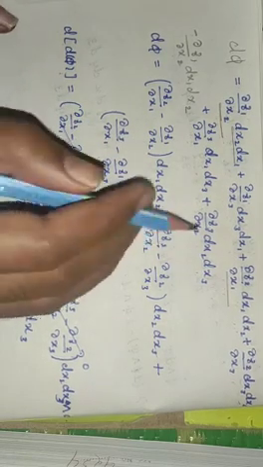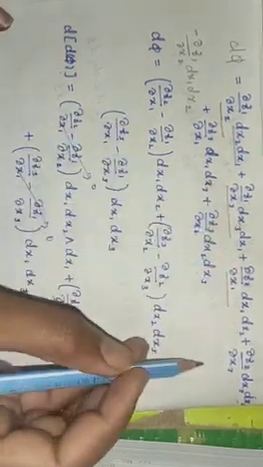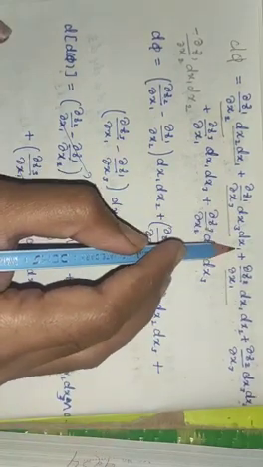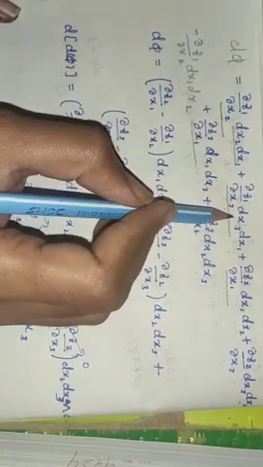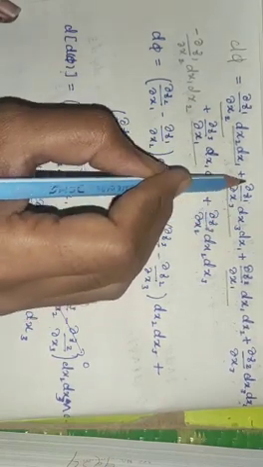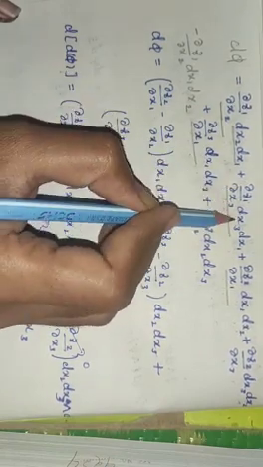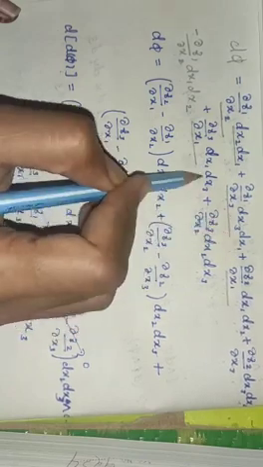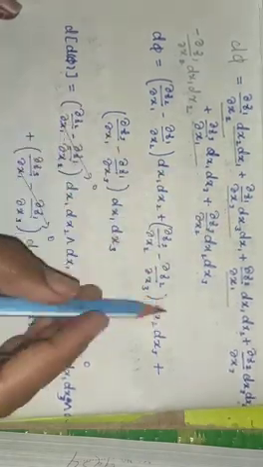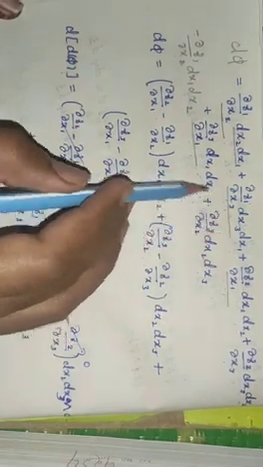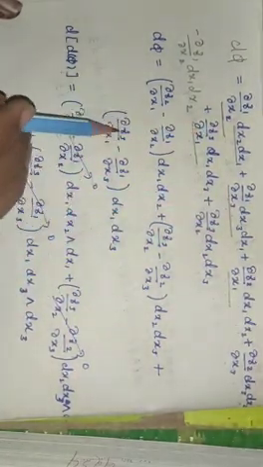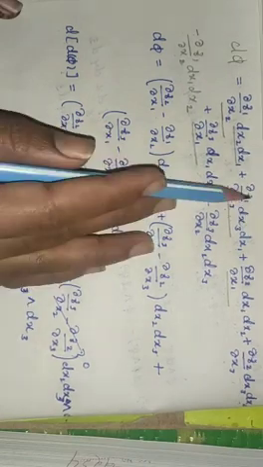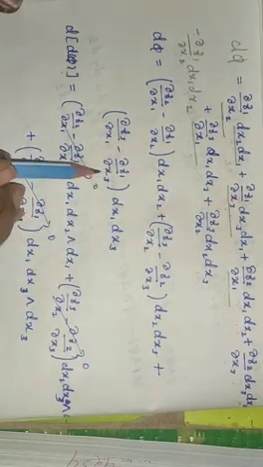Plus similarly, next we consider this term, where dx3 and dx1 are there. Applying the anti-commutative property, we get minus del f1 by del x3 dx1 dx3. Again we observe these two terms. Here we take dx1 dx3 as common, then the remaining is del f3 by del x1 minus del f1 by del x3.